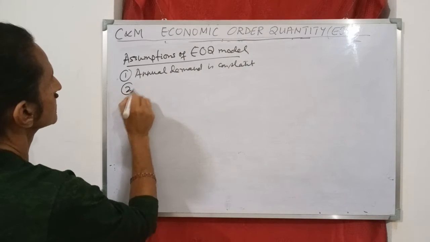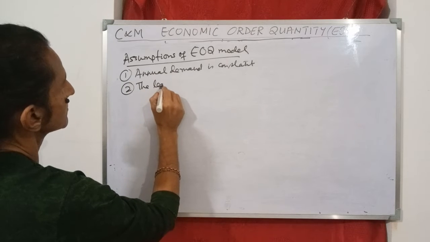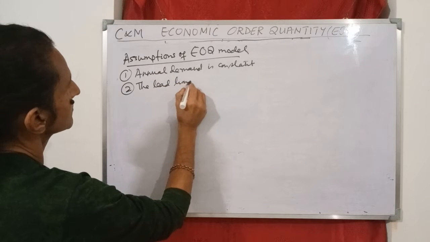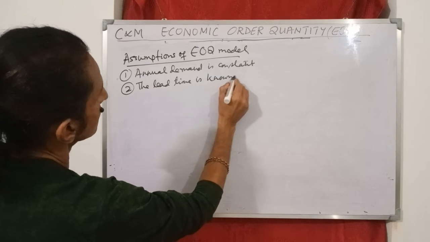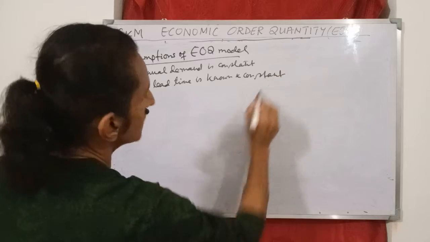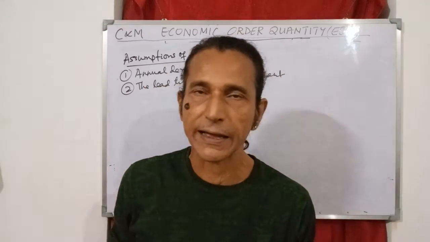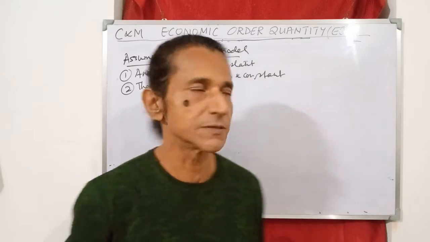Number 2, the lead time is known and constant. What is lead time? Lead time is the time lag between placing the order and receiving the shipment.